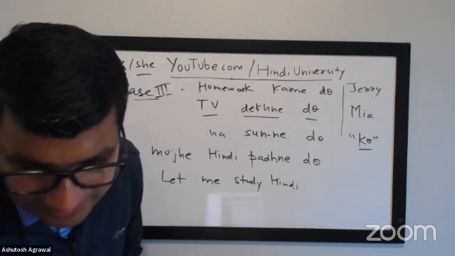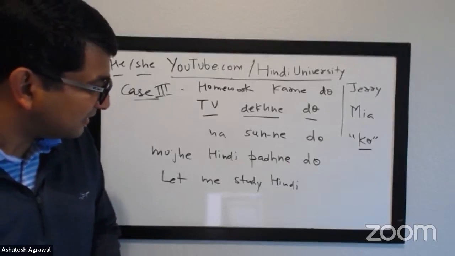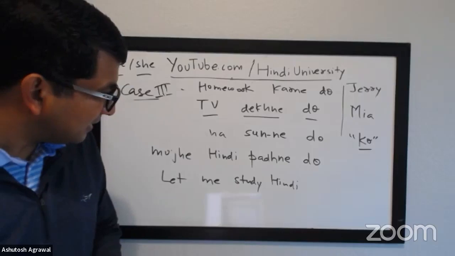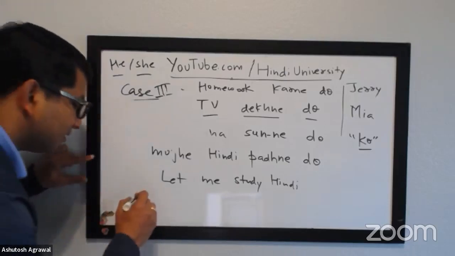Ashley, I have a question. If you put a possessive pronoun in there, because of the ko, if I say let your dad do something, would you say tumhare pita? Let's say, tumhare ko? Very good.